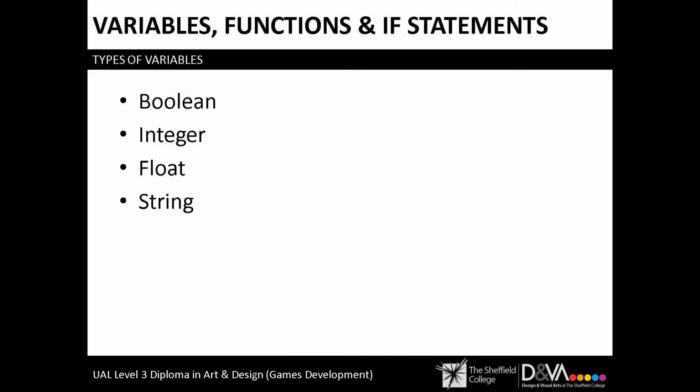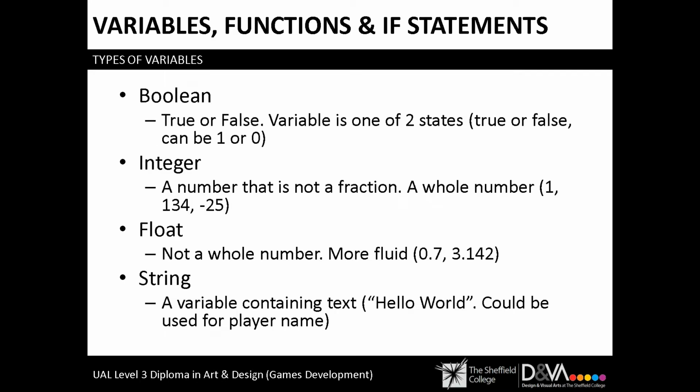There are different types of variable to know about. The main ones for Twine are Booleans, integers, I think we can use floats as well, and strings. A Boolean is basically a true or false value. So in the game, this variable is only one of two different states.